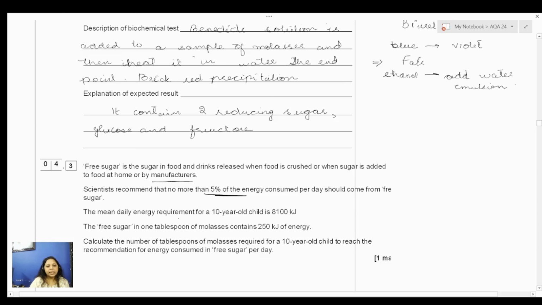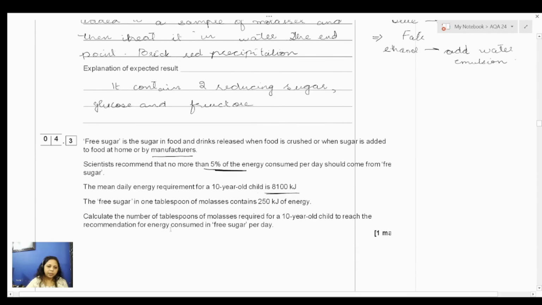The mean daily requirement for a 10-year-old child is 8100 kilojoules. The free sugar in 1 tablespoon of molasses is this one. How many tablespoons should a child consume? First of all, we need to calculate 5% of the total energy he takes in. 5% of the total energy, that is 8100 kilojoules.